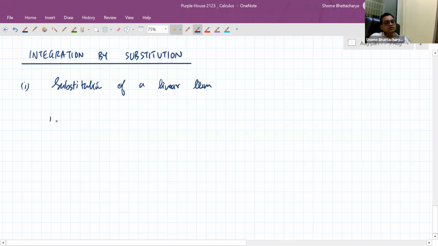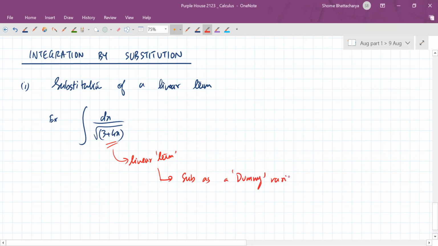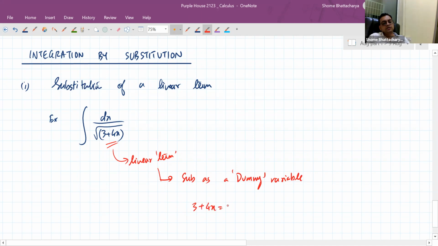So for example, suppose we had dx upon square root of 3 plus 4x. Now we can see that this term 3 plus 4x, it's a linear term. So what we do is we substitute it as a dummy variable. But when we substitute that, we have to substitute the dx also. So we'll say 3 plus 4x is z, which is my dummy variable.